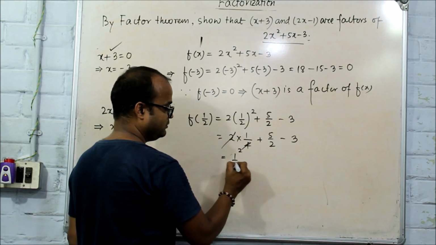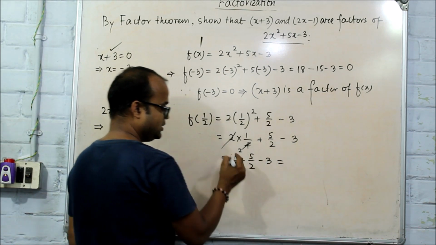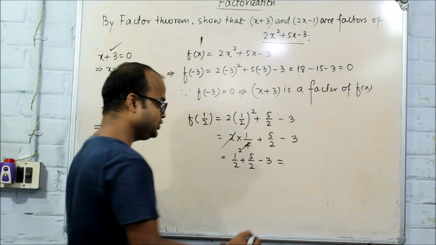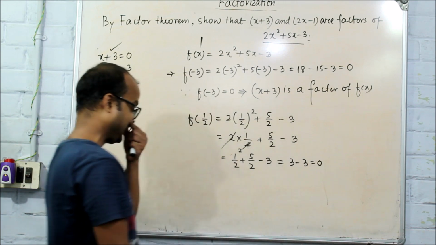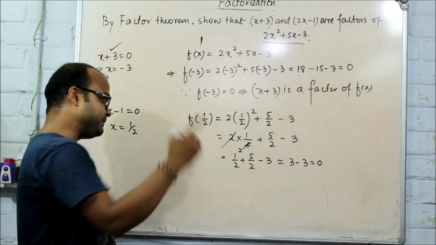So here we will get 1 by 2 plus 5 by 2 minus 3. So 1 by 2 plus 5 by 2 is equal to 6 by 2, which is equal to 3. So 3 minus 3 is equal to 0. Remainder is equal to 0 means it becomes a factor.